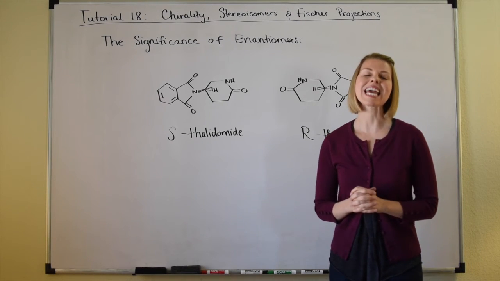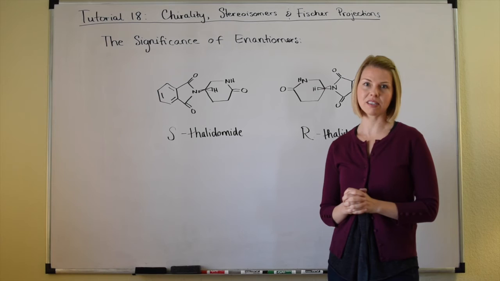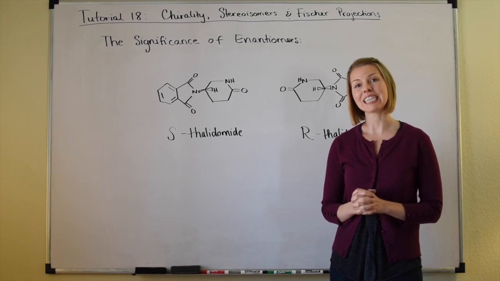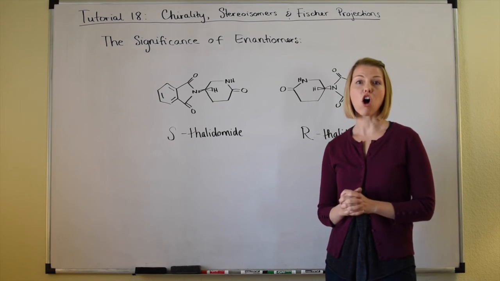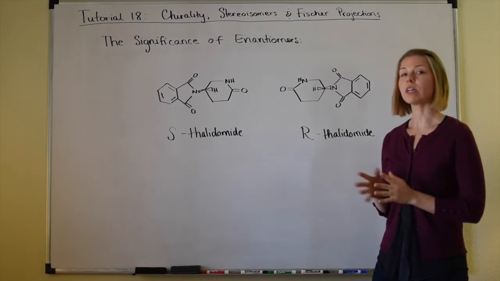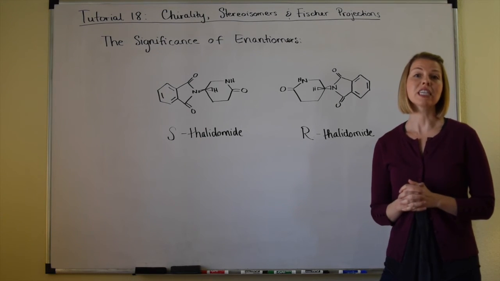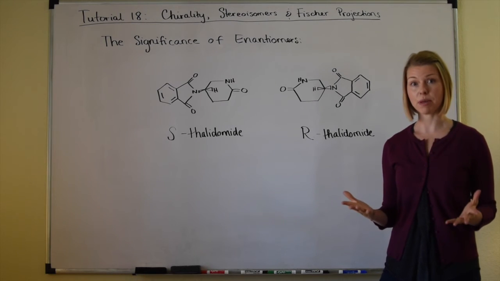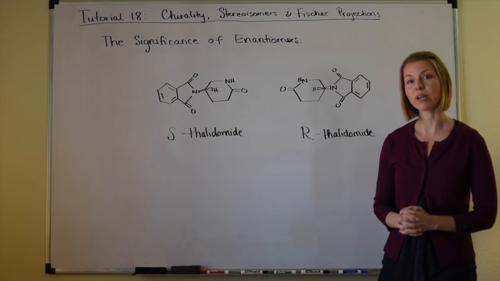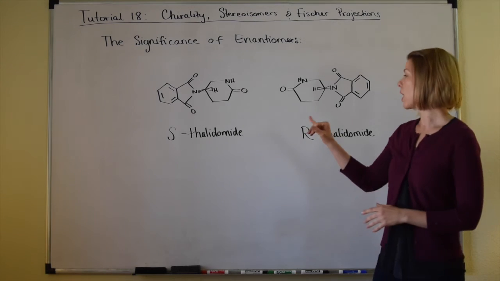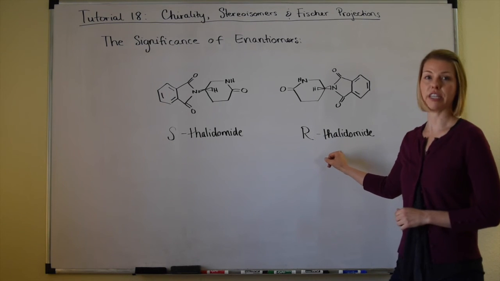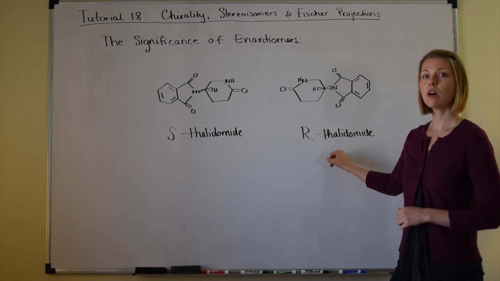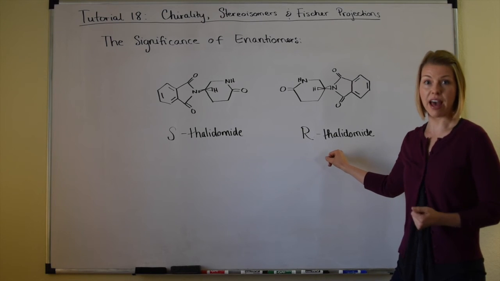Probably the most infamous example of this occurred back in the 1960s when a drug called thalidomide was prescribed to treat nausea. It was prescribed often to pregnant women who were experiencing morning sickness. One enantiomer, drawn over here, R-thalidomide, was responsible for the therapeutic effect.